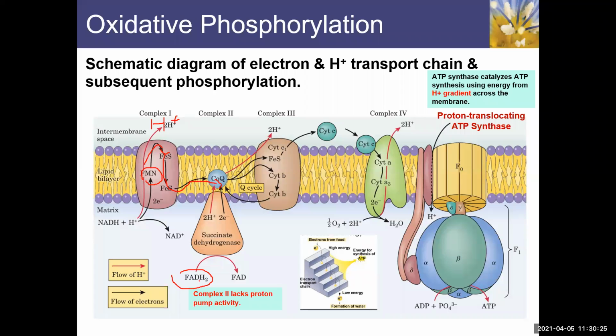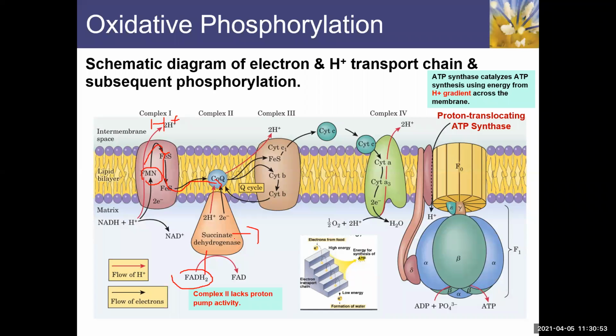The FADH2 will transfer its hydrogen atoms to complex 2. The FADH2 does not transfer its hydrogen atoms to complex 1. You have to remember, FADH2 will transmit its hydrogen atoms to complex 2, which is this one. Okay, now what's going to happen now?